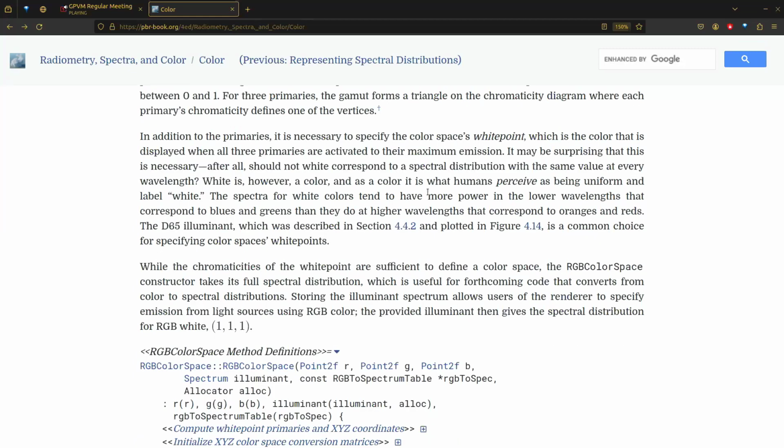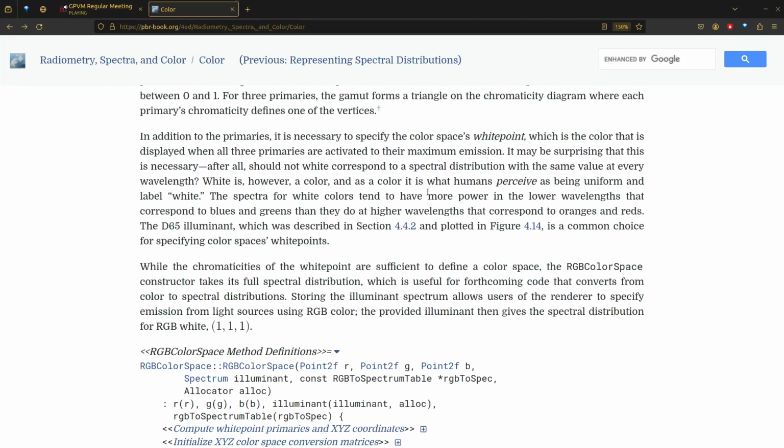In addition to the primaries, often it's necessary to specify the color space's white point, which is the color that is displayed when all 3 primaries are activated to their maximum emission. Maybe surprising that this is necessary. After all, shouldn't white correspond to a spectral distribution with the same value at every wavelength? White is, however, a color, and a color is what humans perceive as being uniform and label as white.